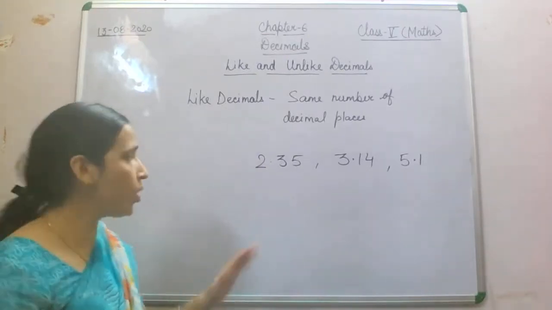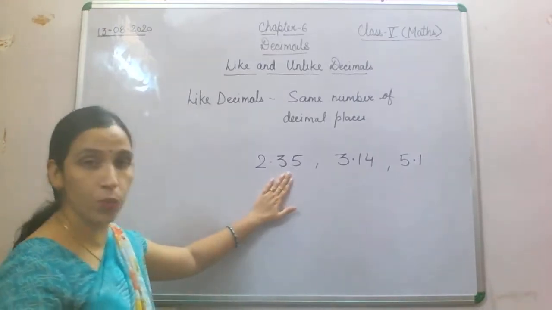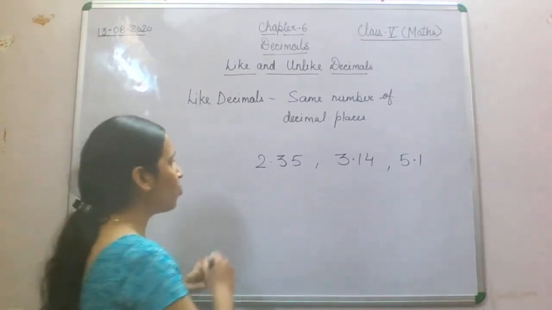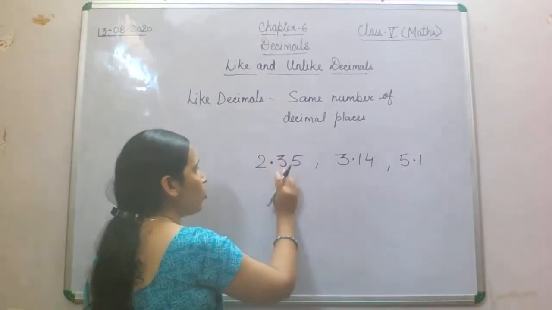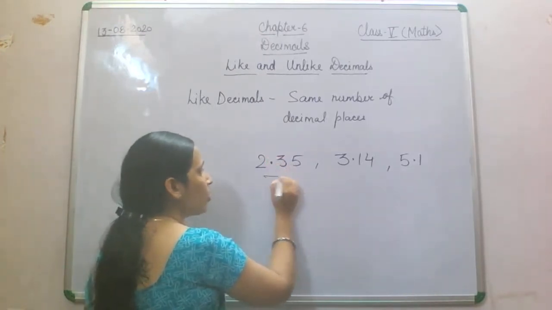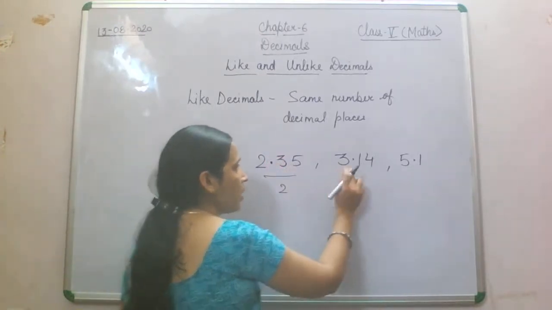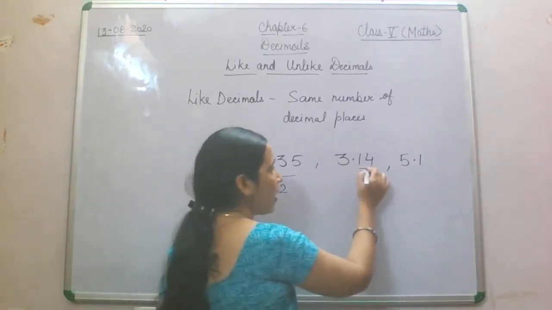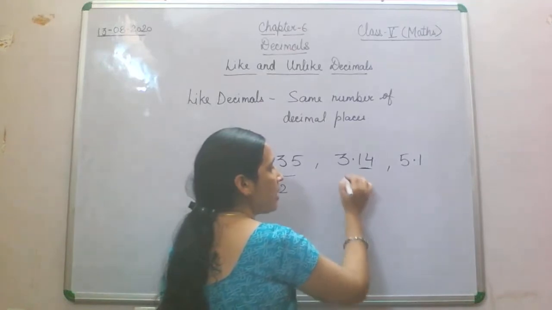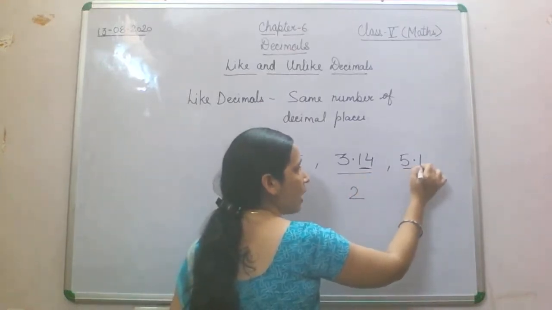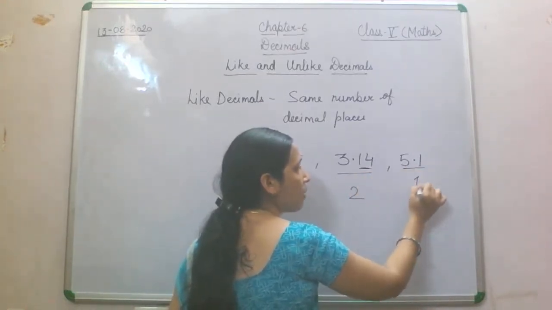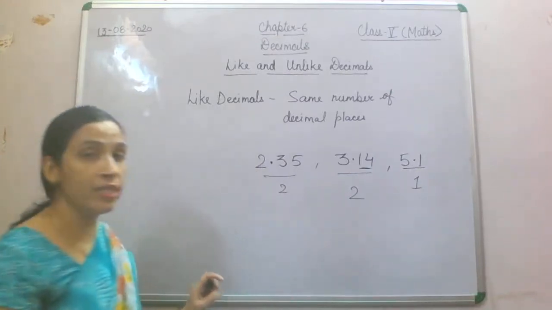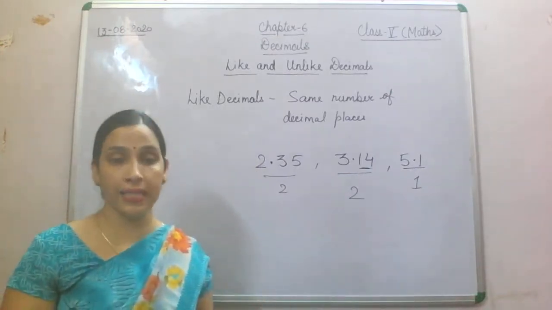No, because in the first number you have 2 decimal places, after the decimal you have the digits 1 and 2. In the second number also you have 2 places. But in the third number after the decimal you have only 1 place. So this is not like decimals.